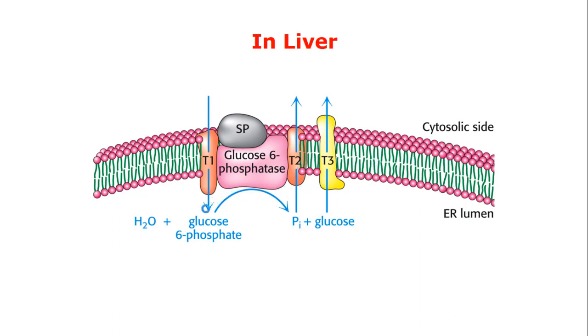So you need to understand that the glucose 6-phosphate will be converted to glucose and the phosphate group, and these will leave. This is an enzyme which will help in the conversion.